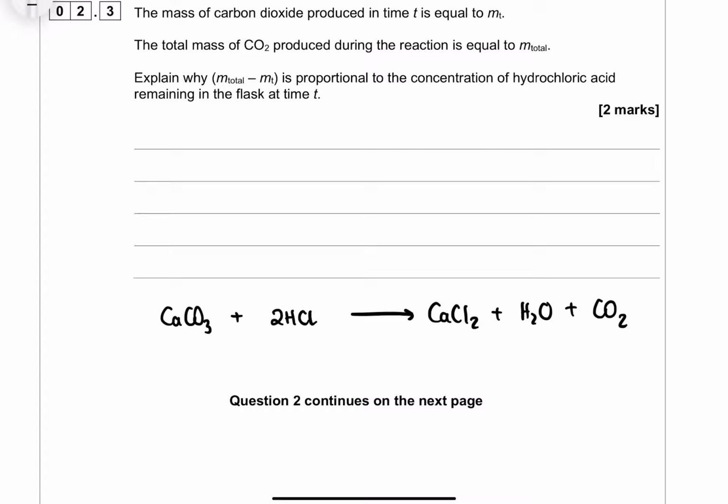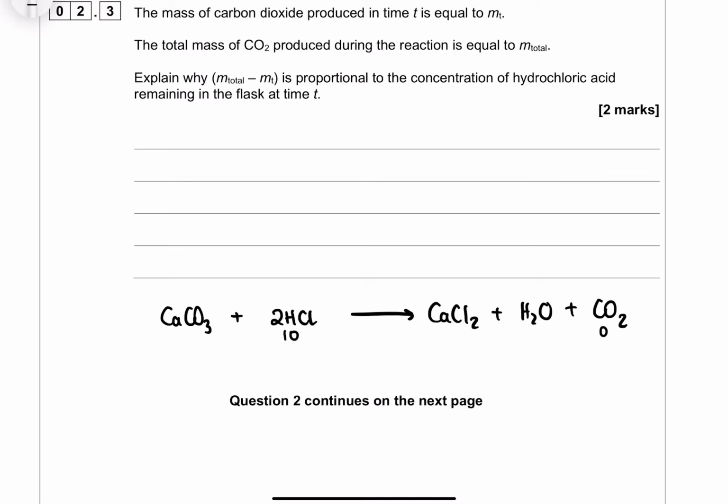the mass of carbon dioxide produced at time t will be proportional to the number of moles of carbon dioxide. And if we look at this balanced equation, for every 2 hydrochloric acids, we make 1 CO2. So let's say we start the reaction off, just for argument's sake, with 10 HCl's, we'll have no CO2s.